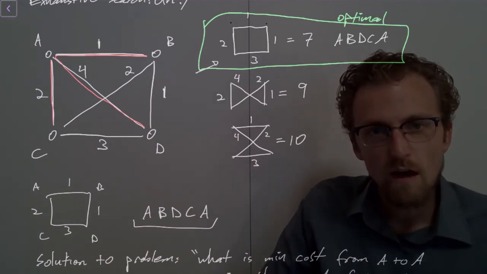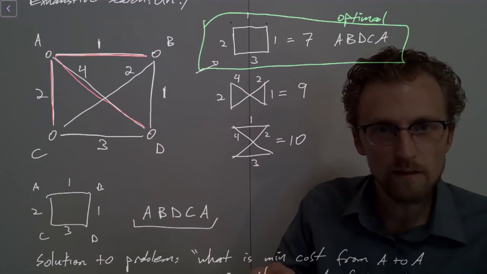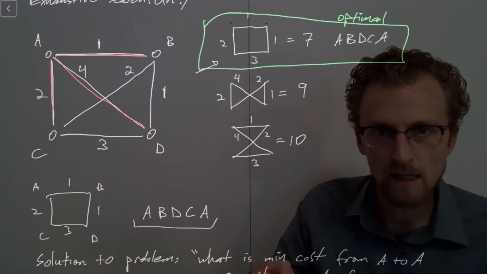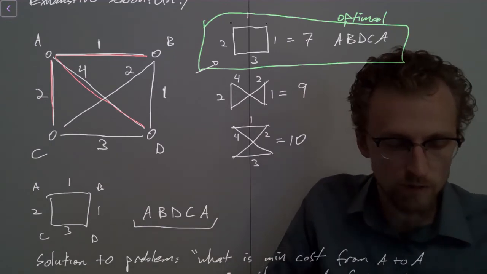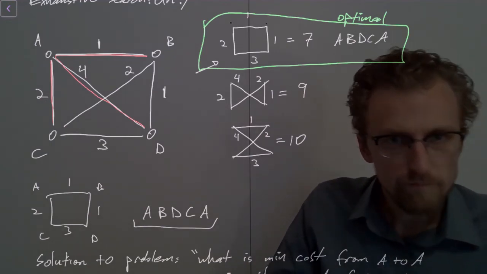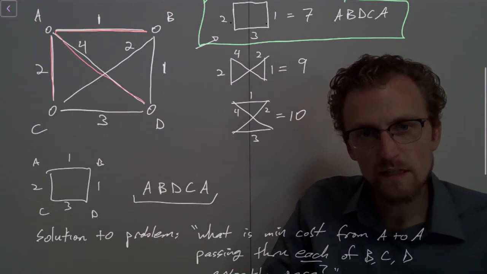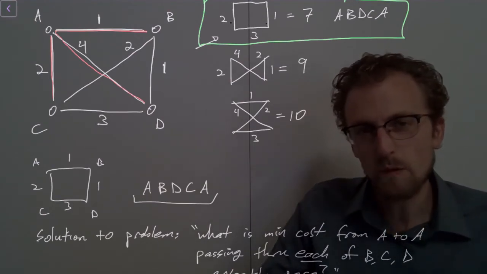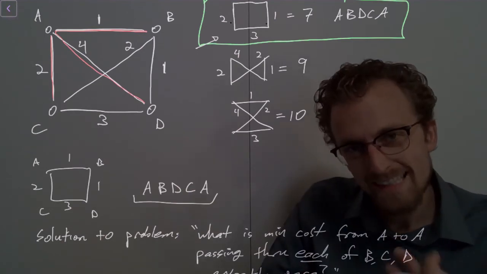All of these are paths that start at A, or at least they can be described as paths that start at A and end at A, and then pass through all of the other nodes exactly once.